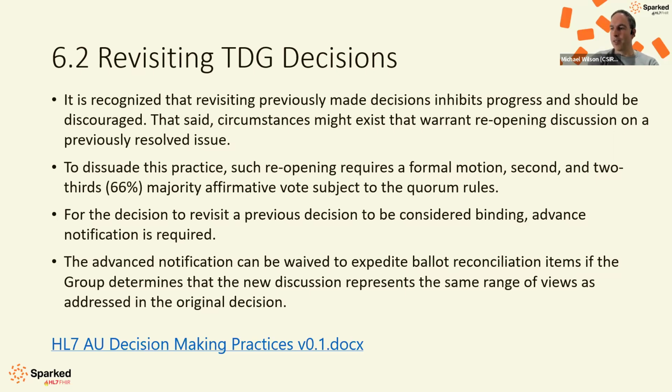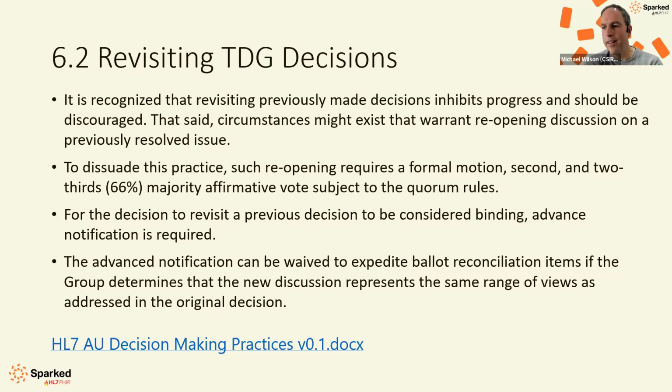For a previous decision to be considered binding and revisited, advance notification is required. This advance notification can be waived to expedite ballot if the group determines that new discussions represent the same range of views addressed in the original. Given that both decisions were made in the same meeting, I'm not sure it actually qualifies as a revisit, since the group further discussed it after making the original decision in the same meeting and made another decision to override that.